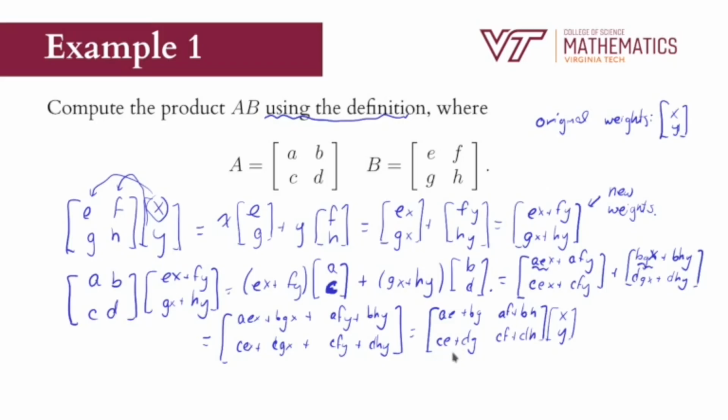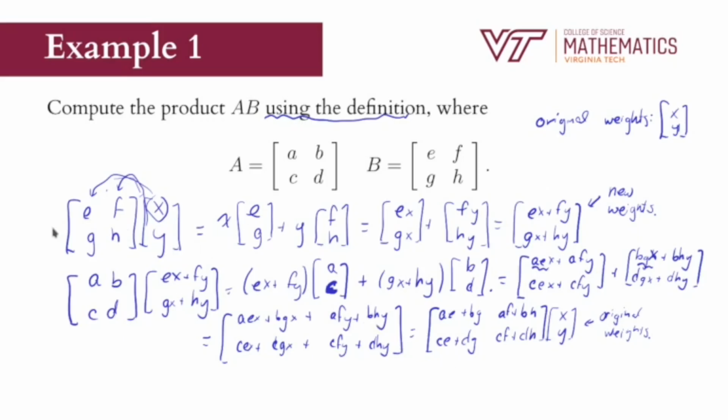And this matrix with the original weights, this is now the original weights again, gives the same answer that we have when we do B with the original weights and then A with the new weights.